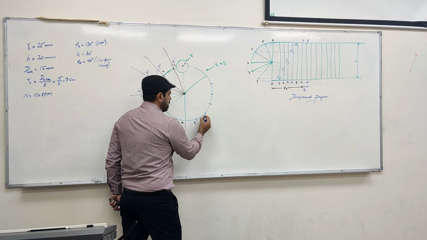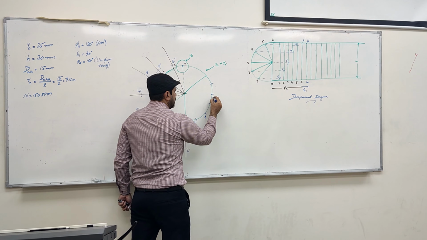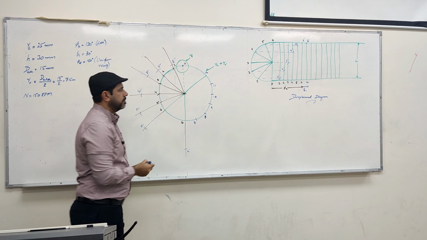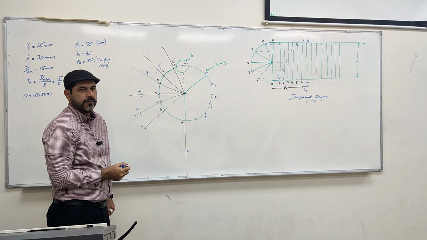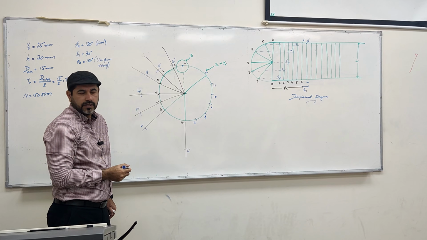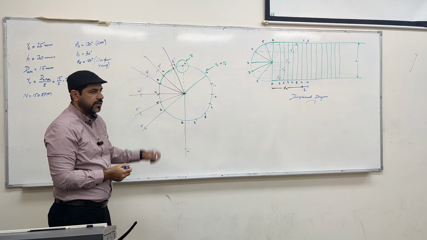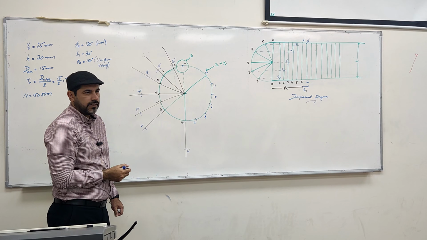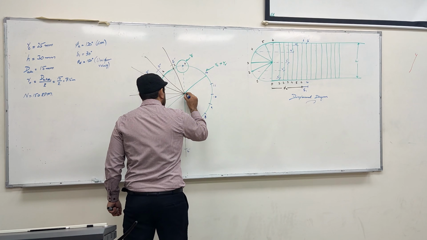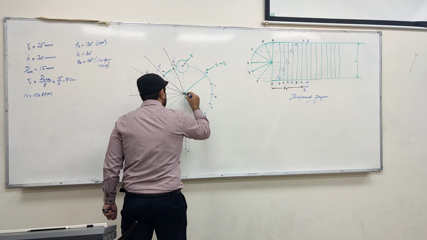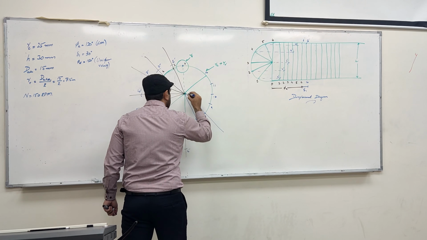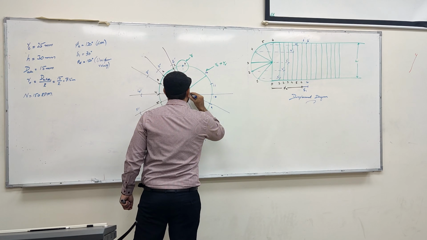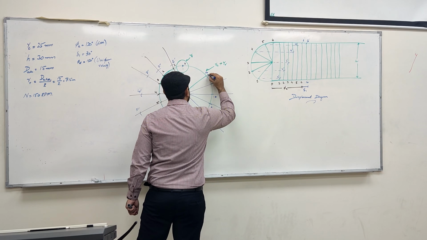So the numbers are 7, 8, 9, 10, 11, and 12. Once we divide the arc into equal parts, we need to extend the lines from the center, passing through 7, 8, 9, 10, 11, and 12.